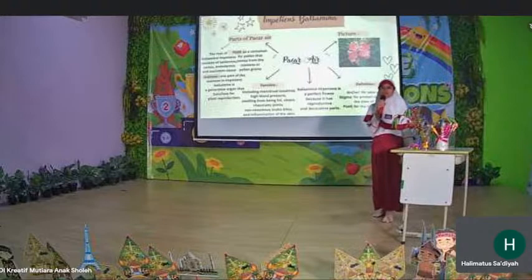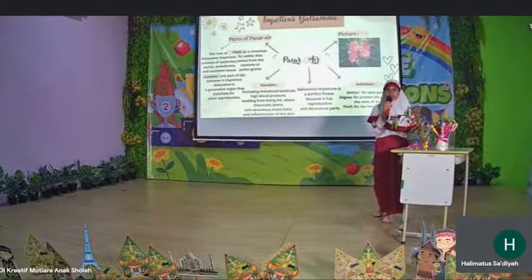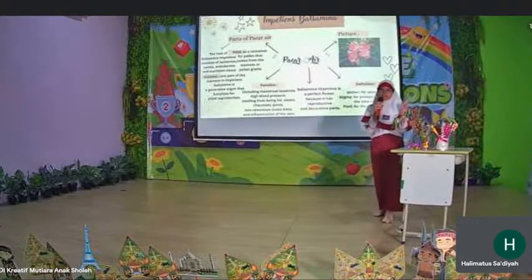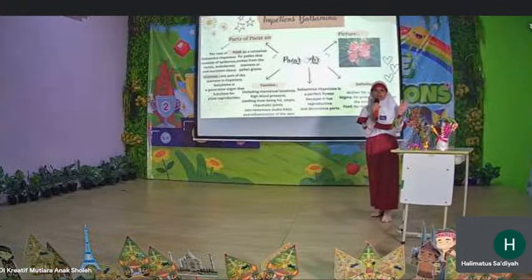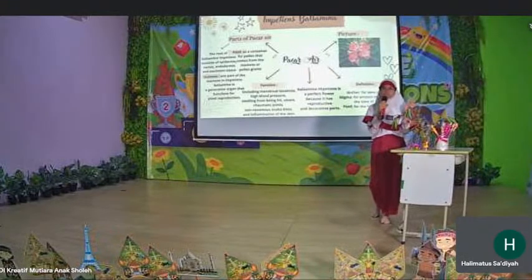The root of Impatiens balsamina consists of epidermis, cortex, endodermis, and meristem tissue.